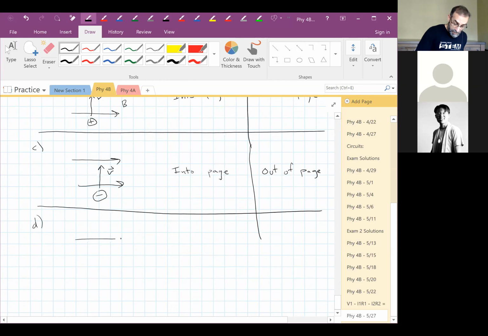We'll stick with our magnetic field in this direction, and we'll have our negative charge and the velocity into the page.